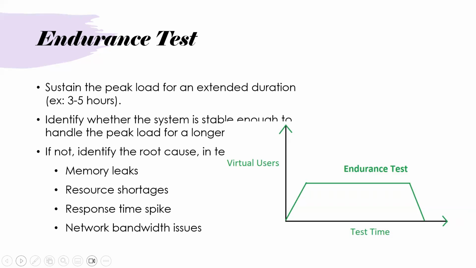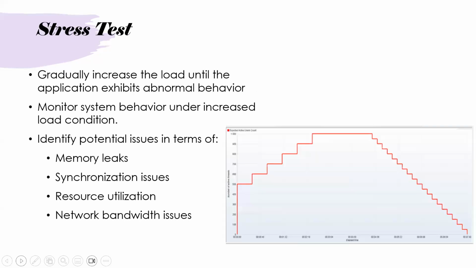The next test is stress test. Most of you have heard of this test. This test is supposed to measure the scalability of the system. In this test, what we do is we start with a smaller amount of load and we gradually increase the load and see how our system is behaving.